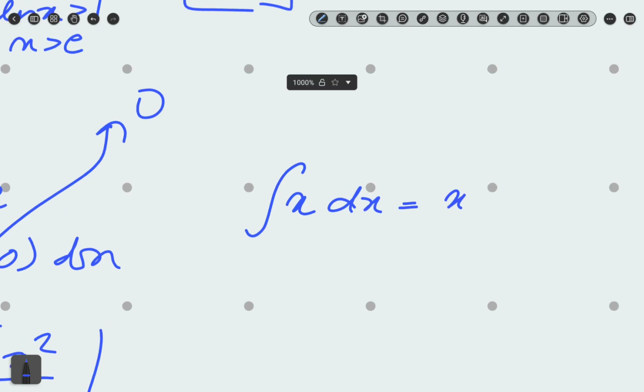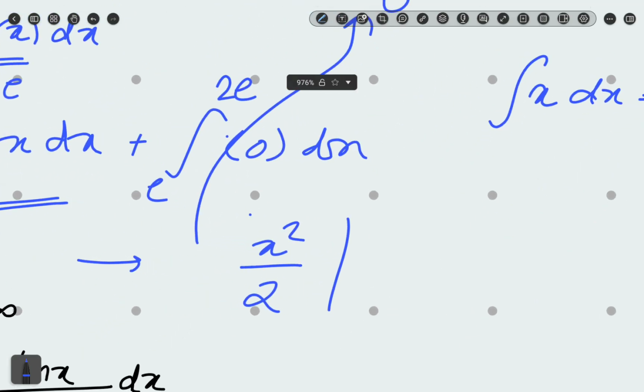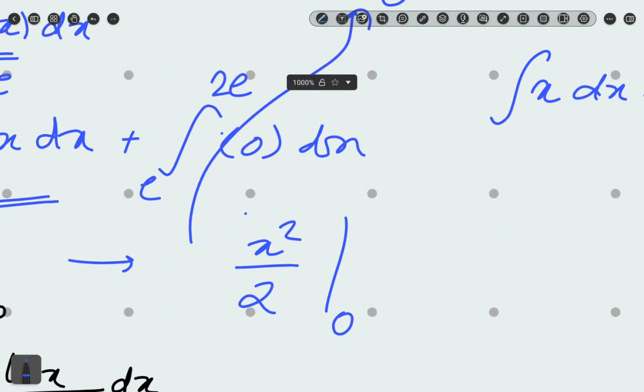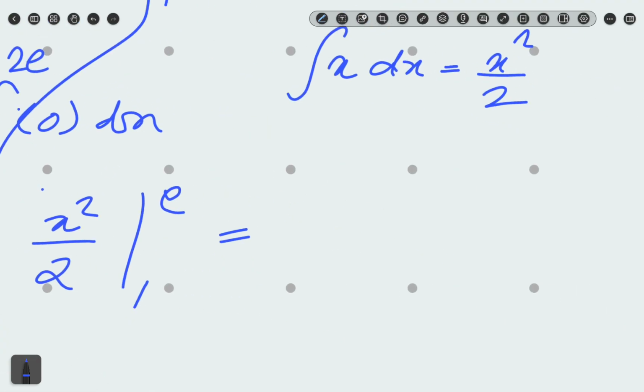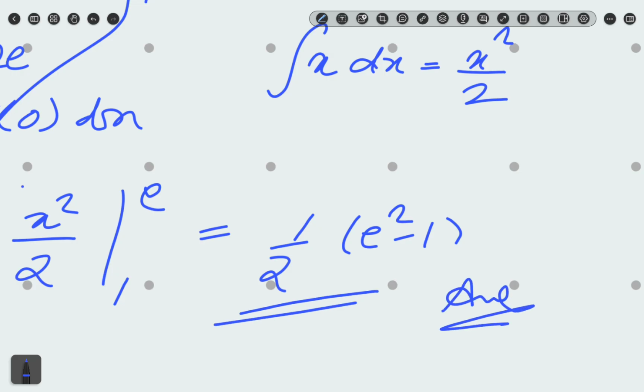So it's pretty basic. This is pretty basic, right? So from 1 to e, and that becomes the value, and this is our answer, right?